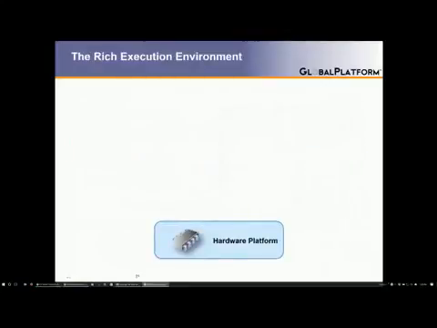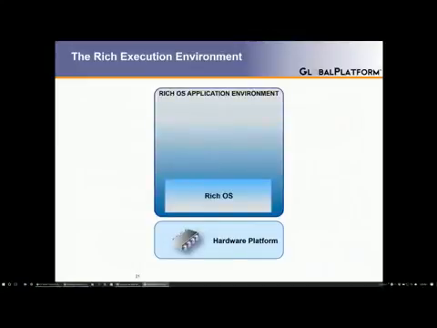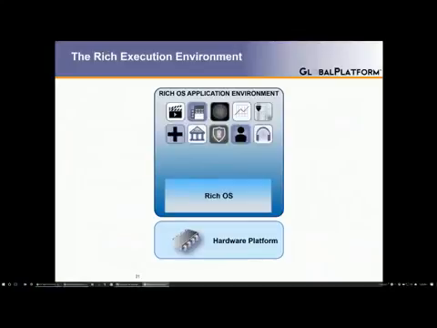So in a rich execution environment that a normal phone or device uses, you have a rich OS running on some kind of hardware platform, like an Android or Apple or whatever it may be, and the applications running. You have many applications that you download from the App Store and have them running.